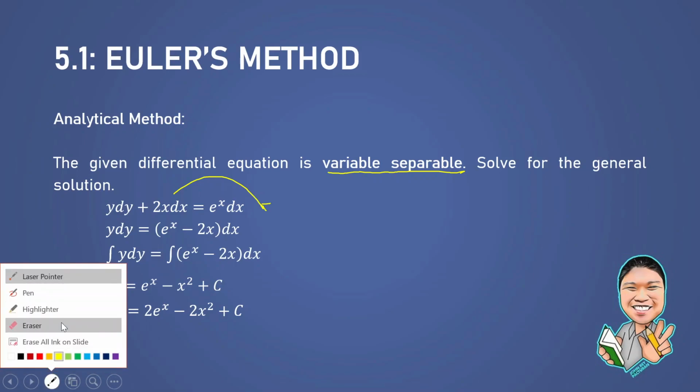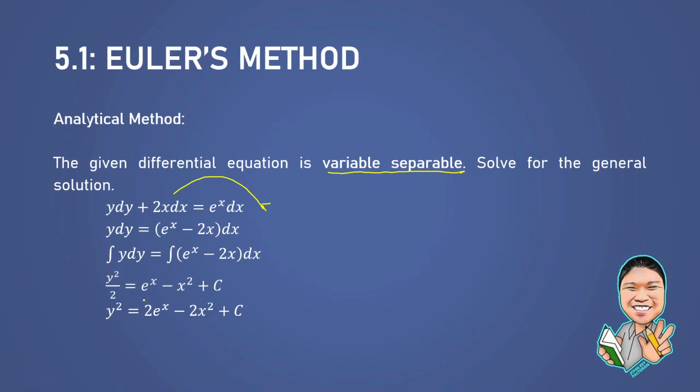Kapag nag-perform ka na ng cross multiplication, y squared is equal to 2e raised to x minus 2x squared plus c. Eh, di ba sir, dapat 2c siya? Oo, tama ka naman. Dapat 2c siya. Kaya lang, kung maalala nyo kasi, this is for the general solution, 2c is equal to c pagdating sa differential equation, di ba?